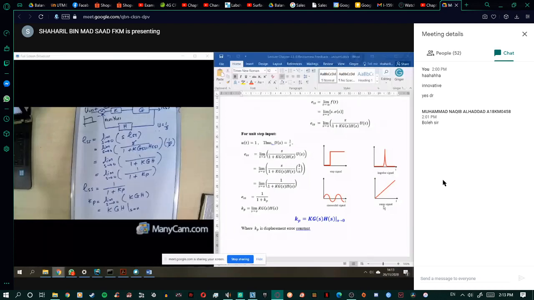So when you apply the step input, the steady state error will be this formula.